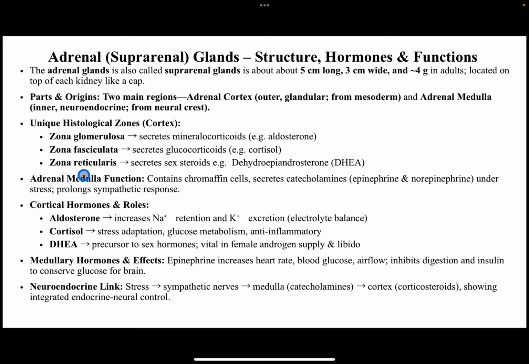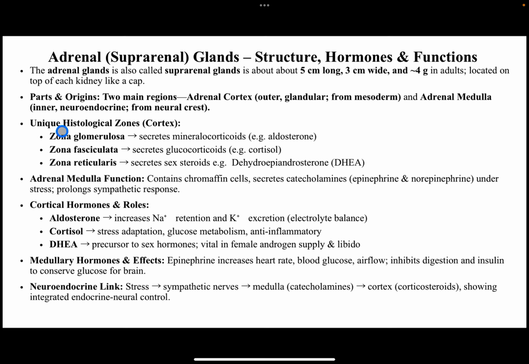Is that okay? And these are what we refer to as the cortical hormones. When we say cortical hormones, these are not the cortical layers or cortical zones. The cortical zones are the zona glomerulosa, the zona fasciculata, and the zona reticularis. But these are the cortical hormones: the mineralocorticoids, the glucocorticoids, and the sex steroids, or aldosterone, cortisol, and dehydroepiandrosterone.